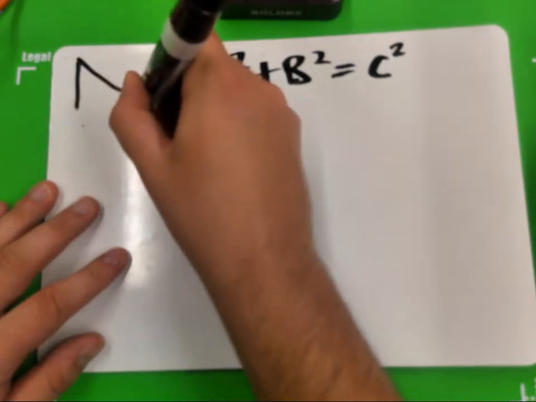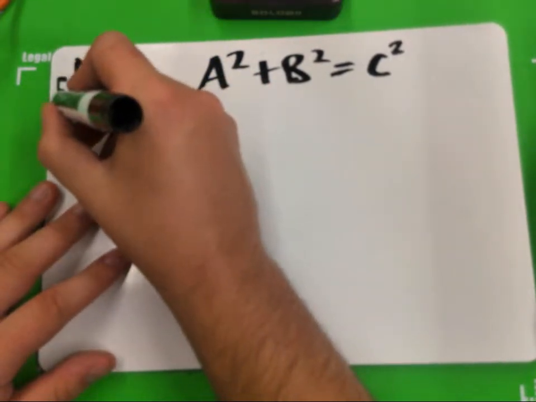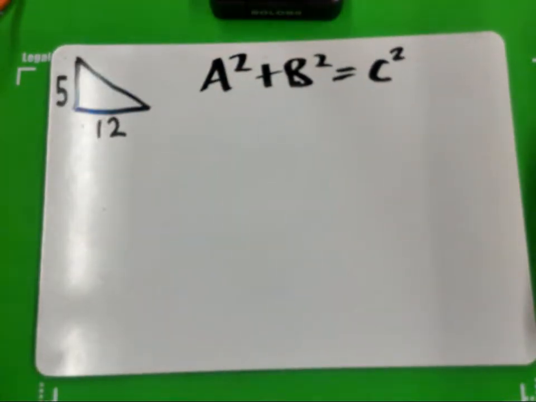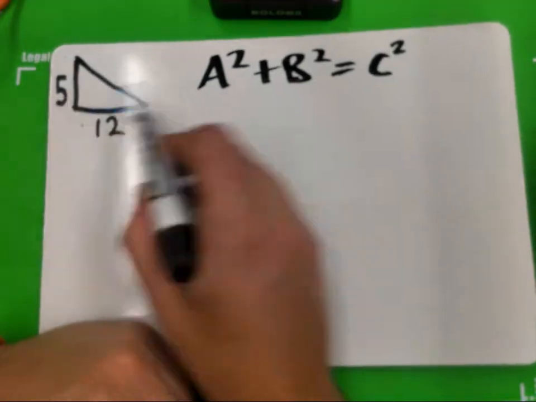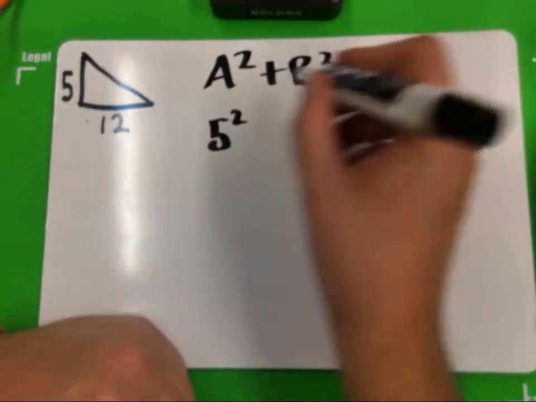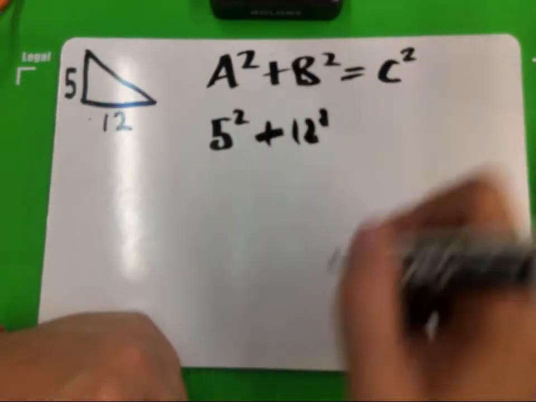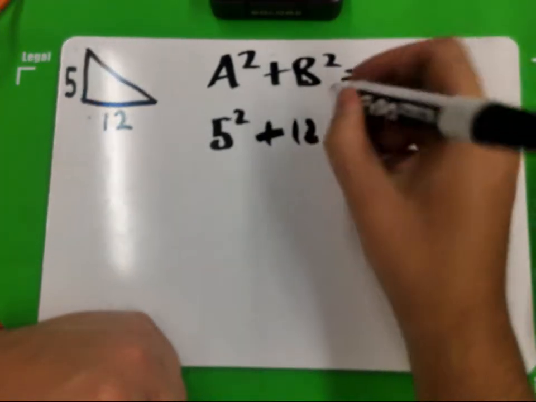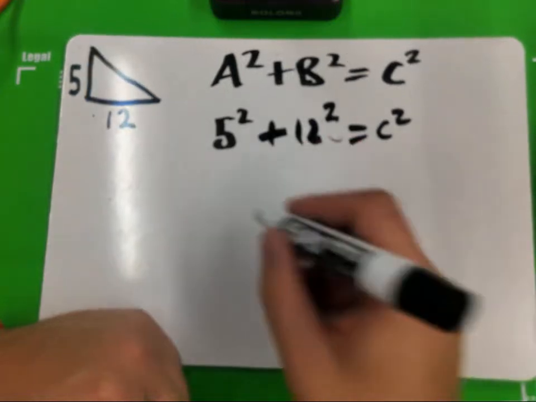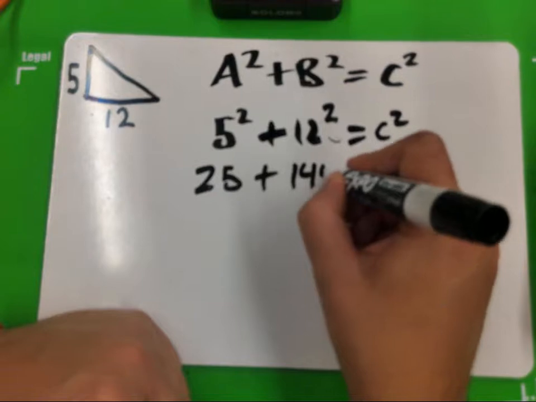This time I'm going to tell you that this side is 5 and this side is 12. So we're going to do the exact same steps. We know that our A is 5, so I put 5 squared plus, B is 12, so I'm going to put 12 squared, equals C squared. 5 squared we know is 25. 12 squared we know is 144.